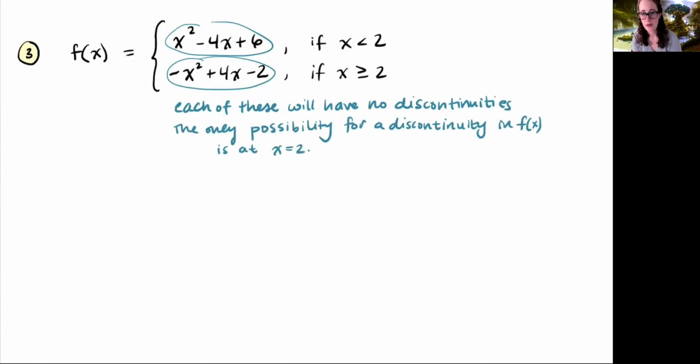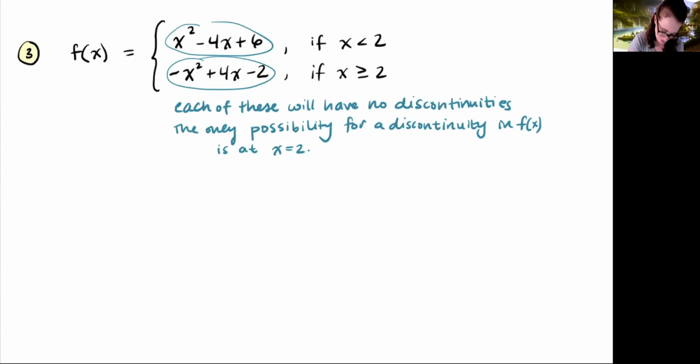Now, if there's going to be a jump, then the y values from either side aren't going to match. But if they do meet, then there won't be a jump in the graph. Okay, so what you can do is basically just plug in the 2 into each of these and just see if the y values from left and right are meeting or if they're not. Maybe they're meeting together, they have the same y value, or if they're not, they would have different y values.